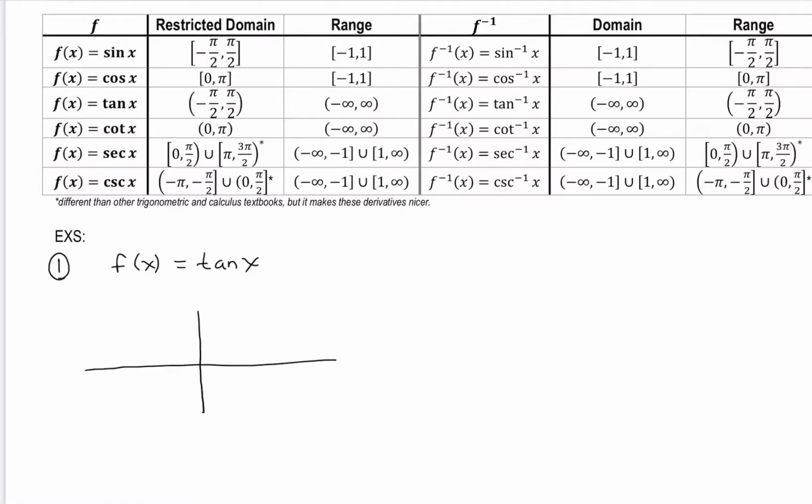But your graph of tangent, if you recall, you had vertical asymptotes. This is the fundamental period, at negative pi over 2 and at pi over 2. But of course those continued at all the half pi's. So there's another vertical asymptote at 3 pi over 2, and another at negative 3 pi over 2, and those of course continue.